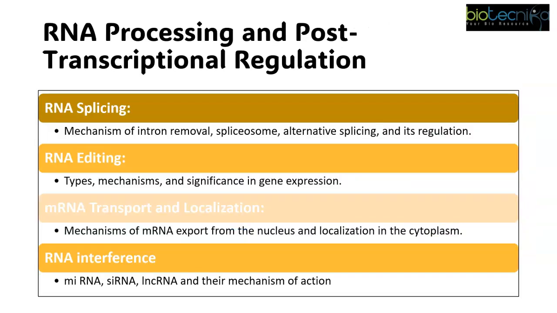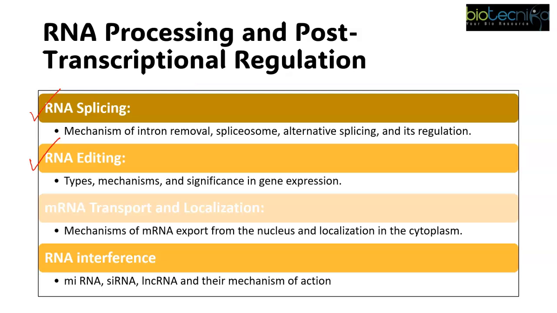The next topic will be RNA processing and post-transcriptional regulation. When we talk about RNA processing, you should be thorough with the various RNA splicing and RNA editing mechanisms. Questions have come very frequently.